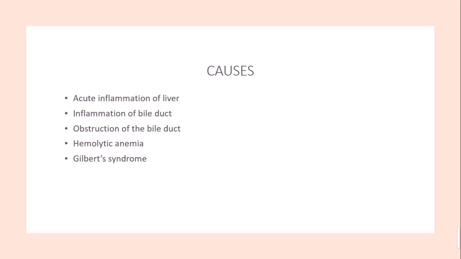So your RBC and your hemoglobin will be broken down in this type of anemia, which will cause jaundice, and I will tell you how this occurs in hemolytic anemia. Then Gilbert syndrome is also a cause, because some of your liver enzymes are involved in this condition, so this will also lead to jaundice.